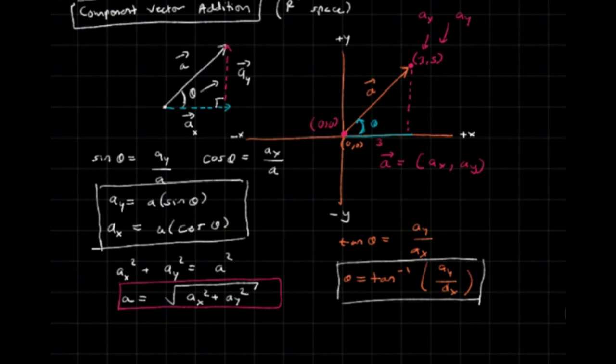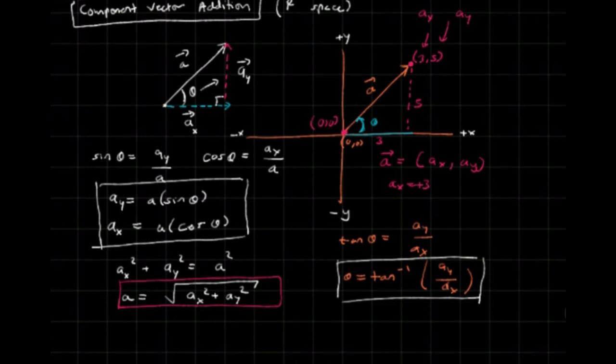So this is basically 3 and this is 5, right? So ax here is 3, and you can think about this as positive 3, right? Because positive 3 means that it's going 3 to the right, and ay here is positive 5, which means it's going 5 up, right? Now, the values, the signs, the positive and negatives are associated with the directions, right?